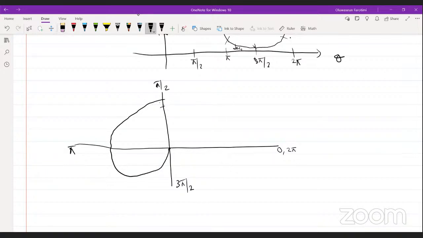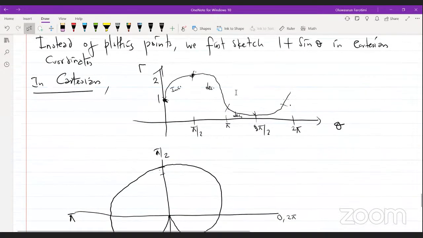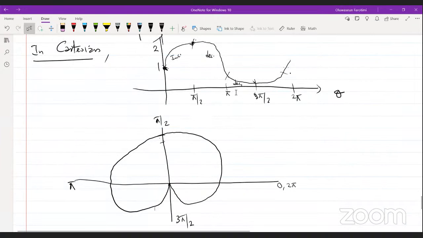Okay, it looks like this. All right, and then from 3 pi over 2 to 2 pi, you're increasing, and that accounts for this part to this part. Okay, so that's how you think about it. You have to think about the places where you're increasing, and think about other places where it's decreasing.